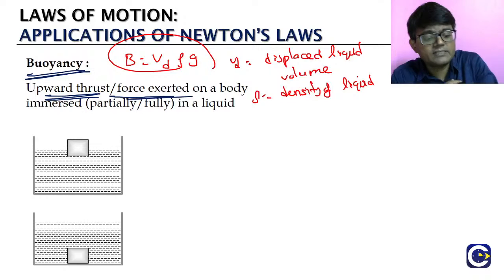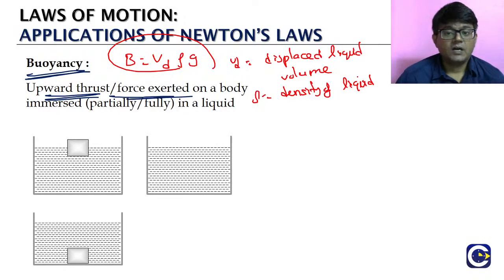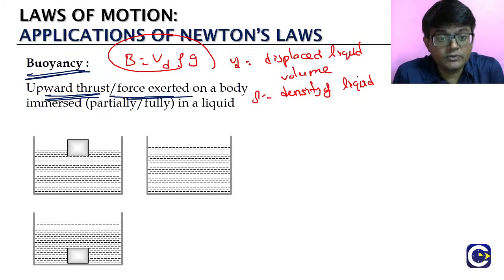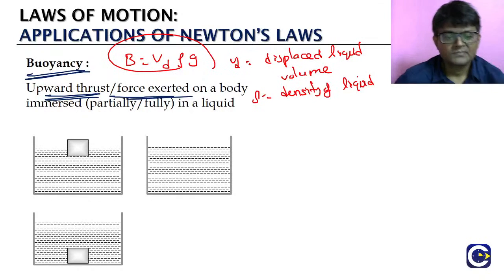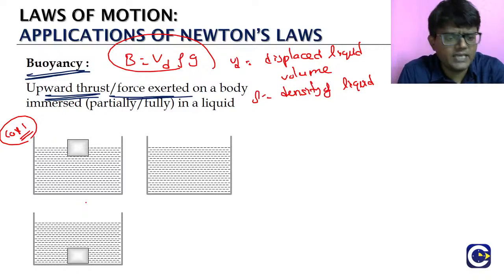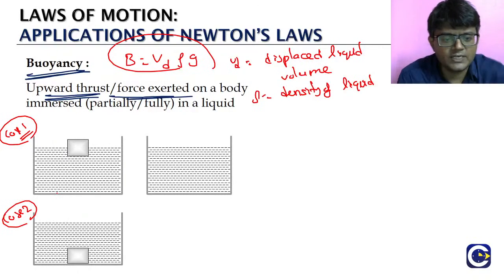Now we have to understand why the buoyancy force is equal to the weight of the liquid displaced. We are saying it straight away, so we should understand why. For that, take case 1. We can do the derivation using either case 1 or case 2, whichever. Let's take case 1.